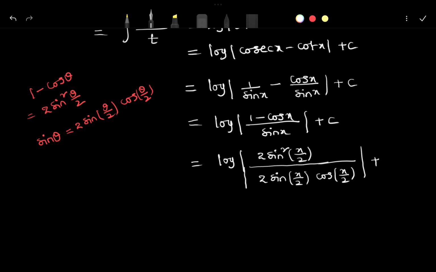Here you see in the numerator and denominator 2 is common, and one sin of x by 2 will be cancelled.